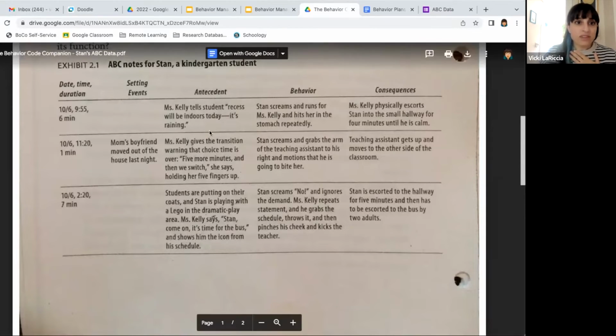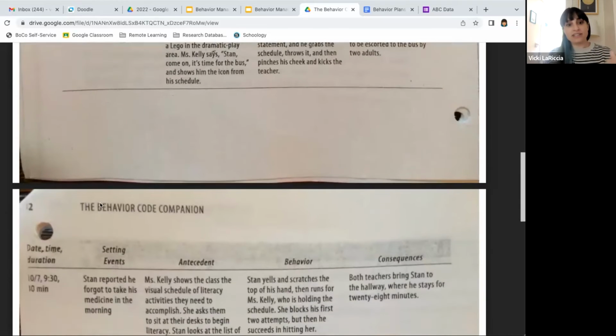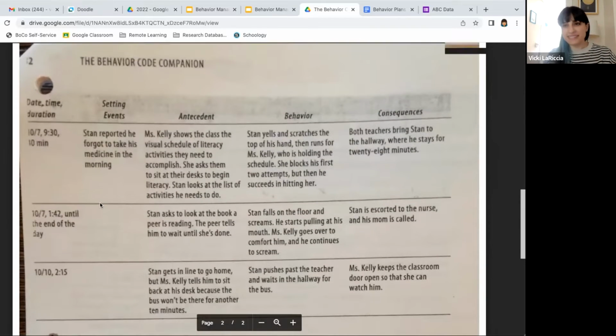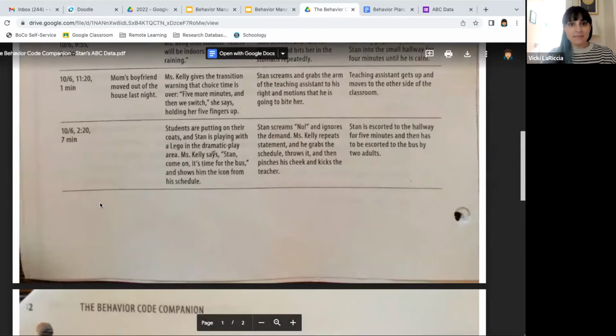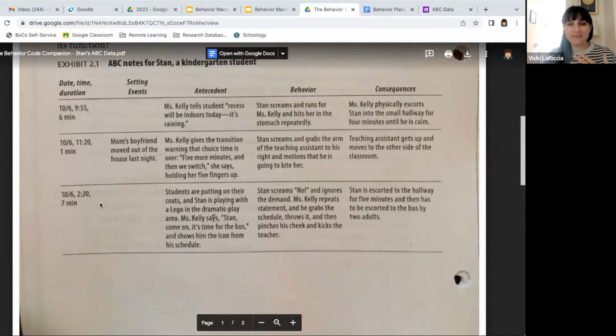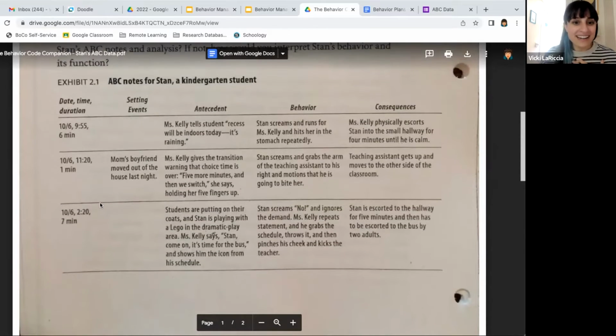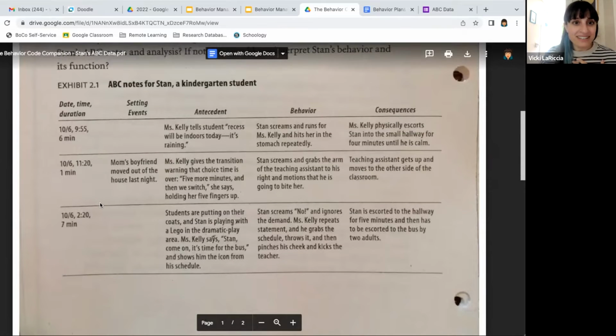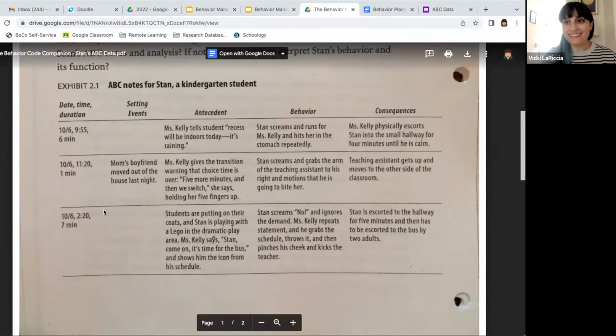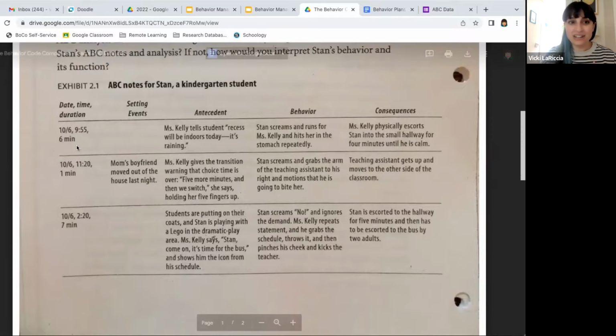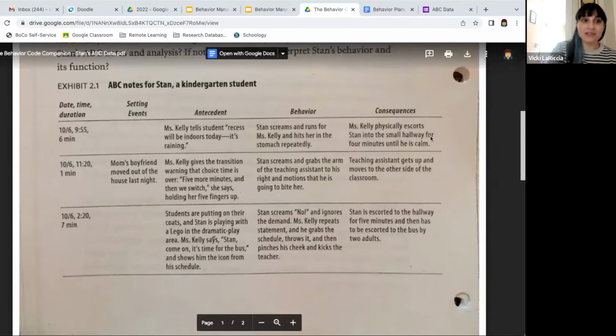Okay. So this data, we have 3 data points here that you can see on the screen. And then on the next page, there's 3 more data points. So there's only 6 data points. I really don't want to read this out loud because I'm kind of losing my voice. I'm going to ask if other people can just read across on the rows, like someone reads this first row for October 6th, and then another person reads the second row, October 6th, 11:20.